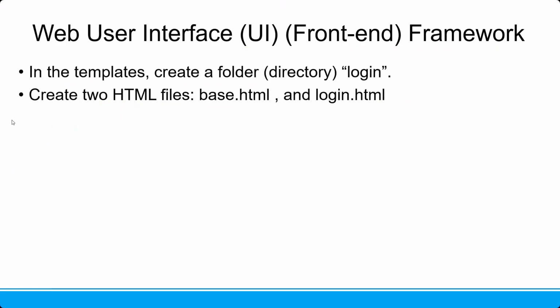Now I'm going to show you how to create a login page. But there is no function to connect to the database, just the user interface. Let's create a folder or directory login in the templates. And then let's create two HTML files, paste and login.